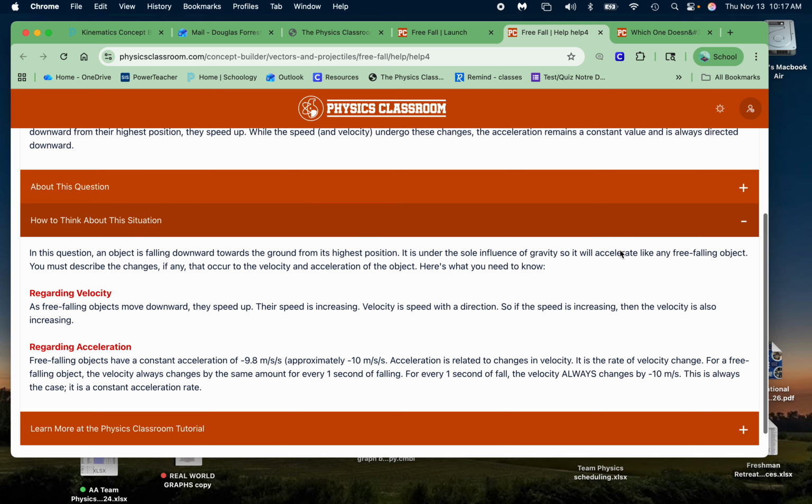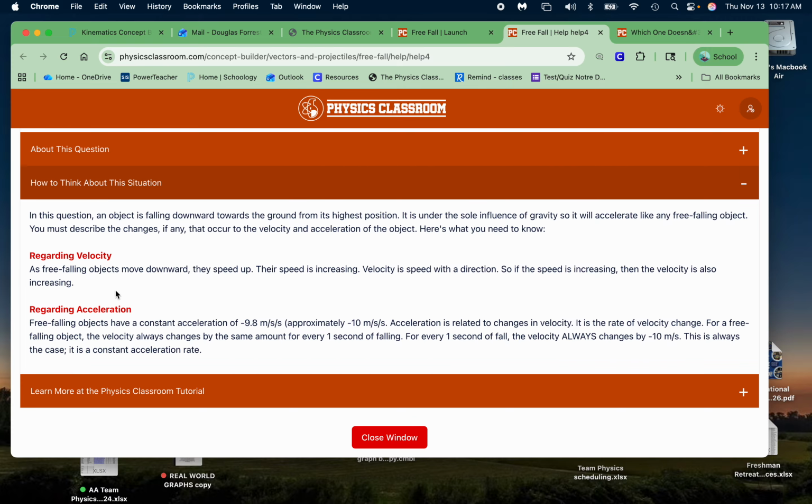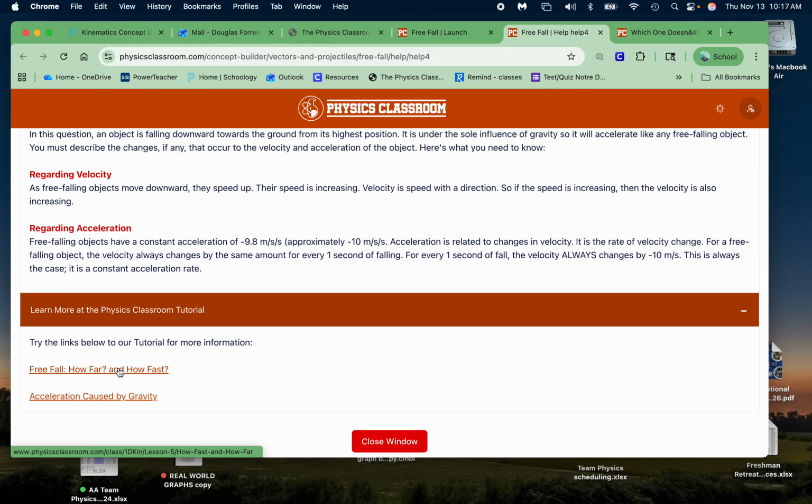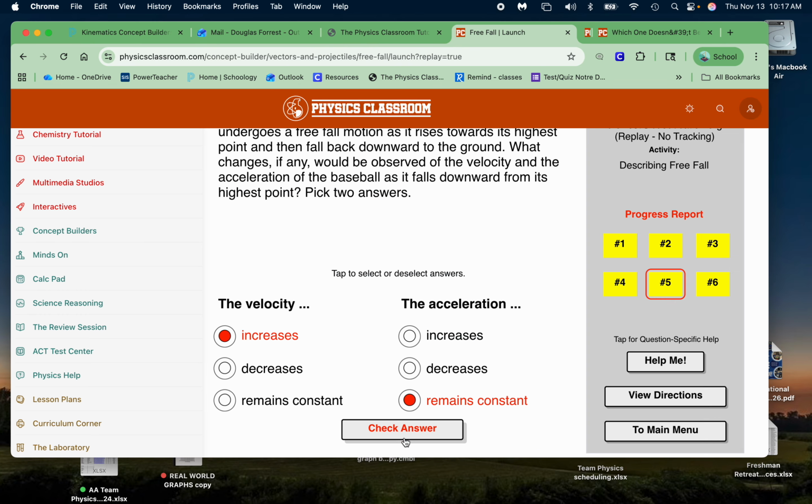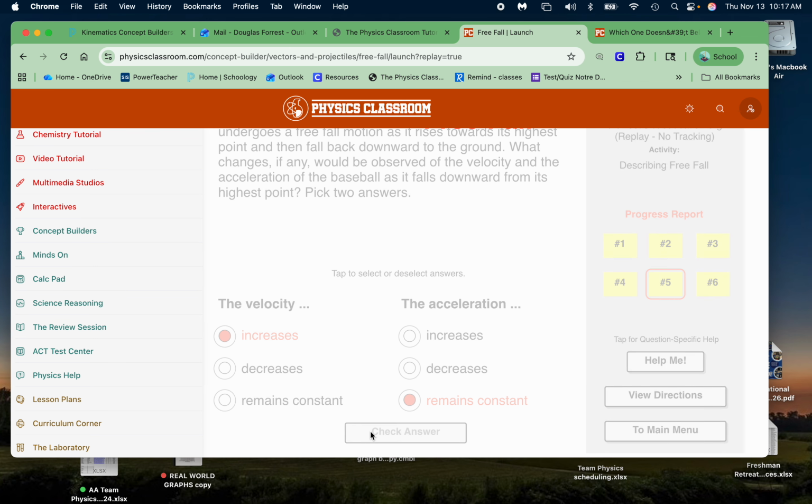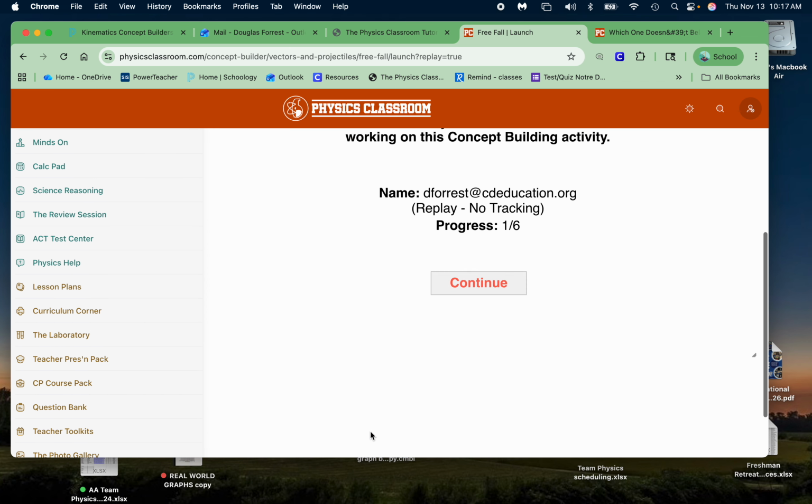It's a good example. And then if you want to, you could go to parts in free fall as well in the tutorial, which is the reading online. So all those are available to you. So I think this is going to be the correct answer. And it is the correct answer.